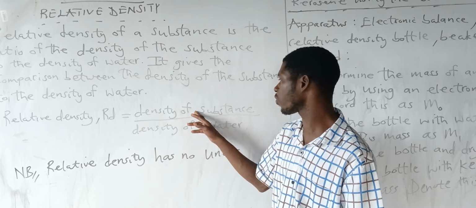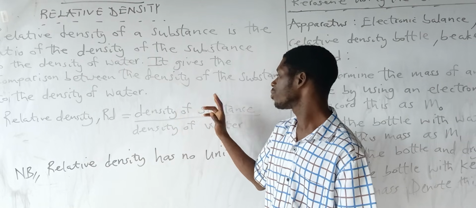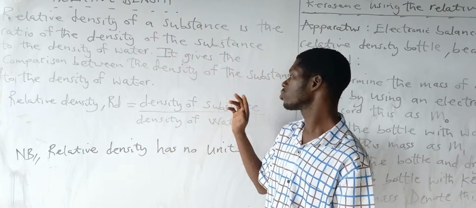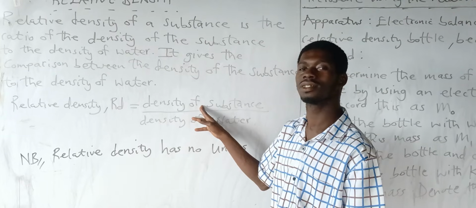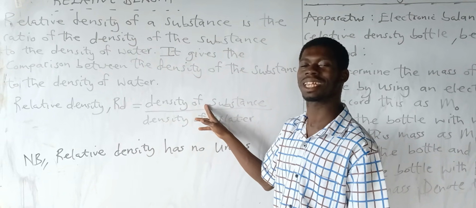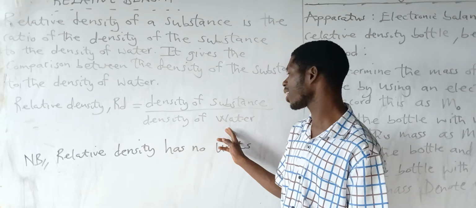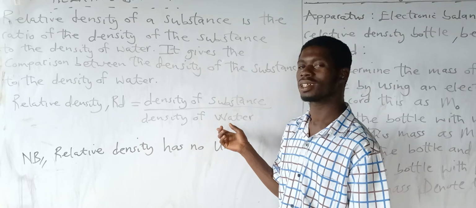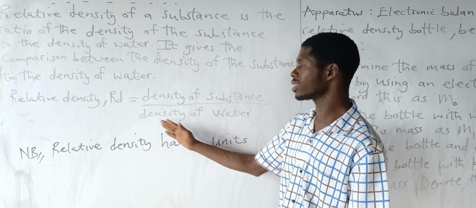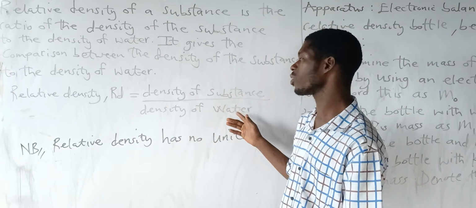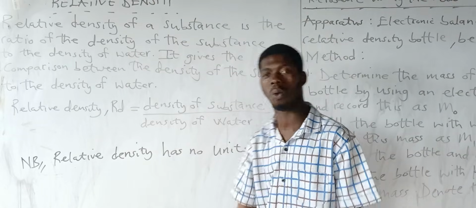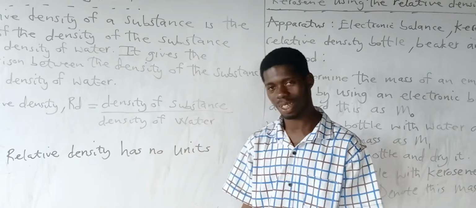So if I give the density of a substance as 2 kilogram per meter cube, and the density of water as 1.0 kilogram per meter cube, you solve it without any unit. So this is the formula for relative density.